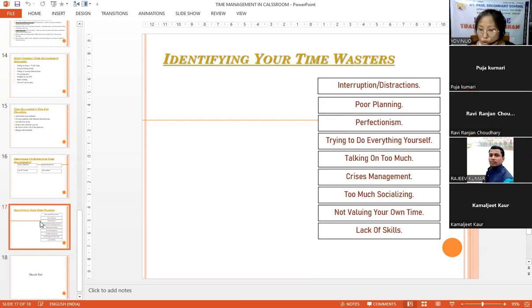We waste so much time within our 24 hours. We waste 80% of our day on activities which are not really productive. This is something which we are going to cover on time management.